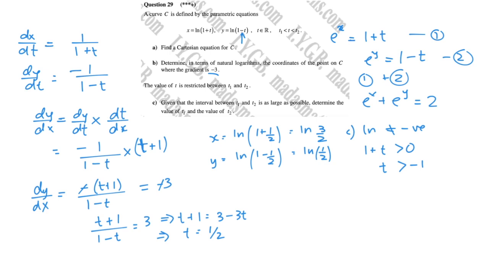We also know that for the ln with 1 minus t in it, 1 minus t has to be greater than 0. So minus t is greater than minus 1, or t is less than 1, as when you cancel the negatives, you flip the sign. So there you have it. t is between minus 1 and 1.